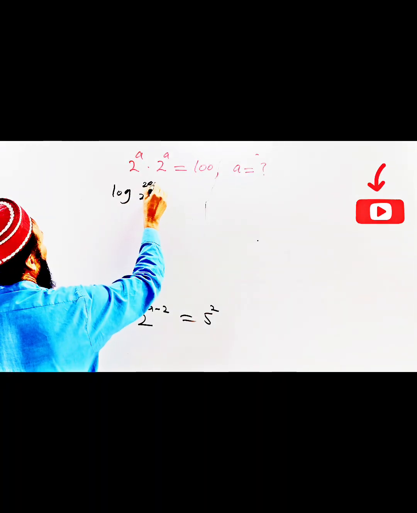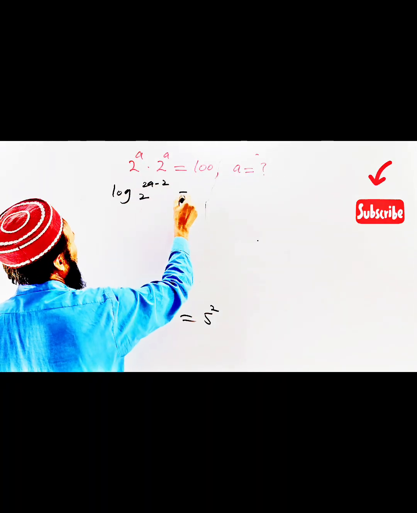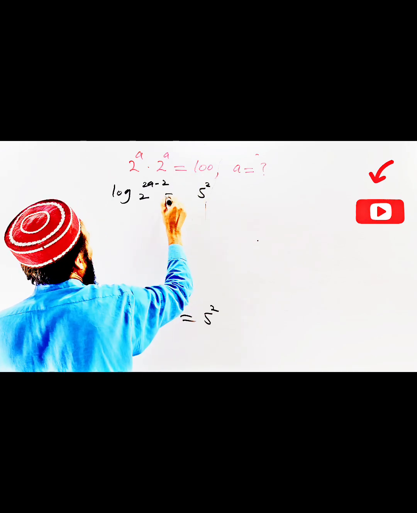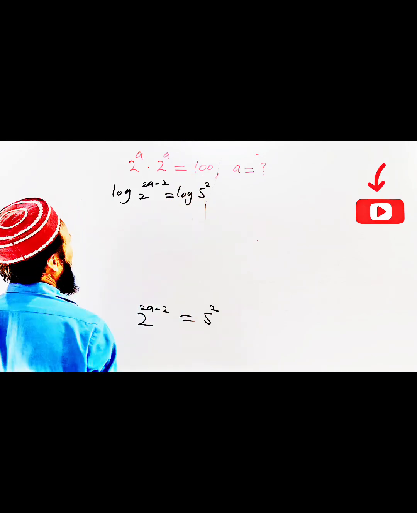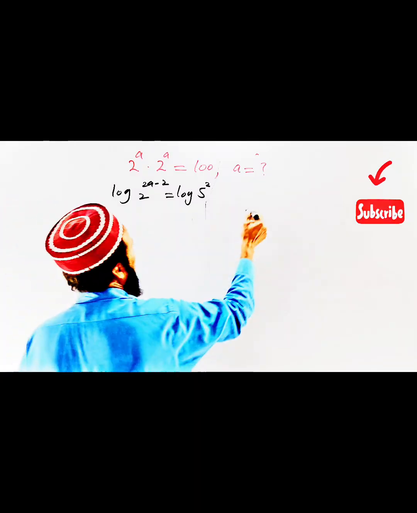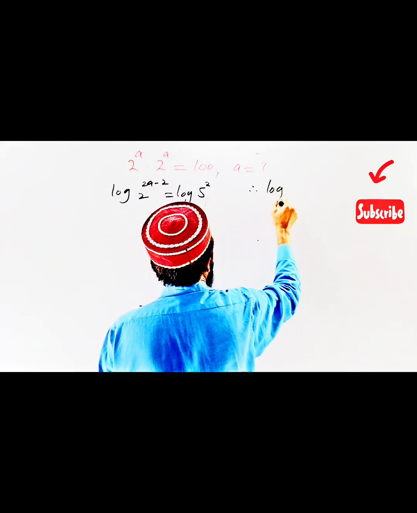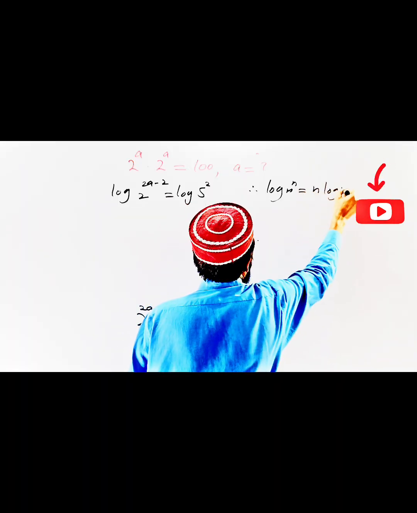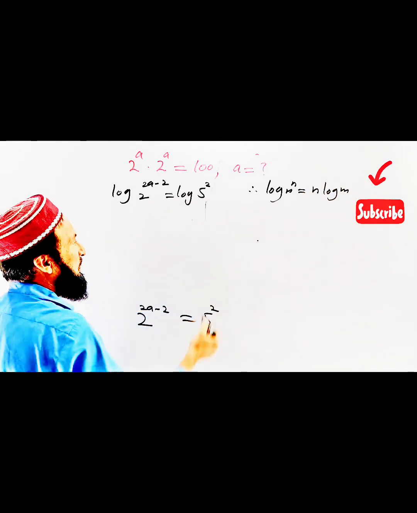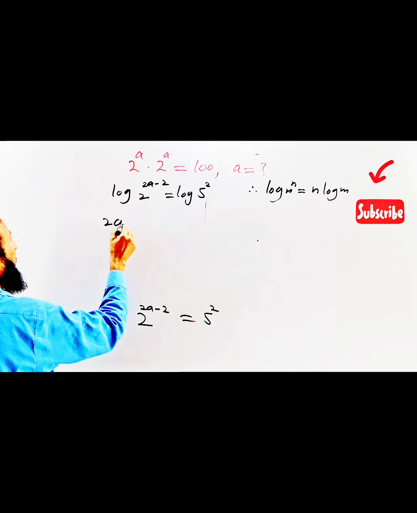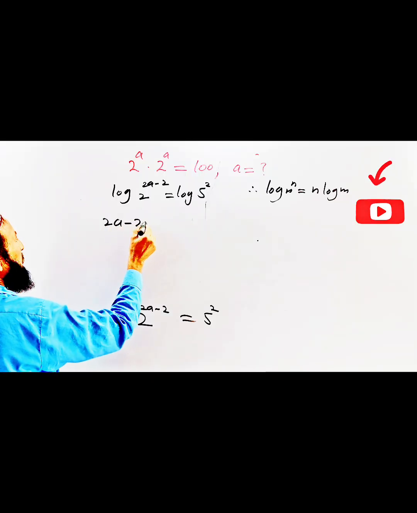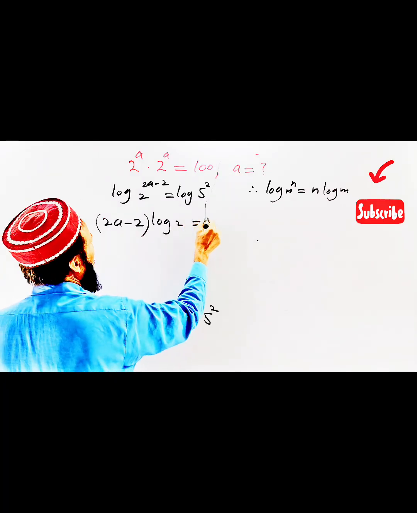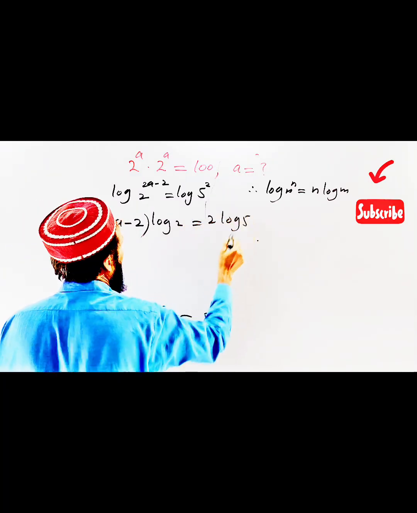2 exponent 2a minus 2 is equal to 5 square, and we can also take log on both sides. Now according to the logarithm power rule, log of m exponent n is n times log of m. We apply this formula on both terms: (2a minus 2) log of 2 is equal to 2 log of 5.